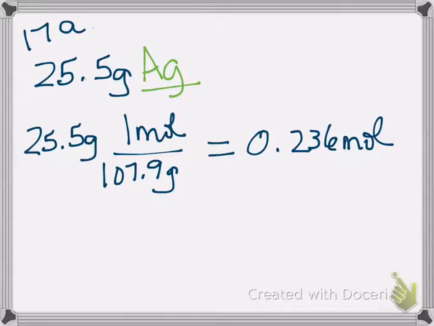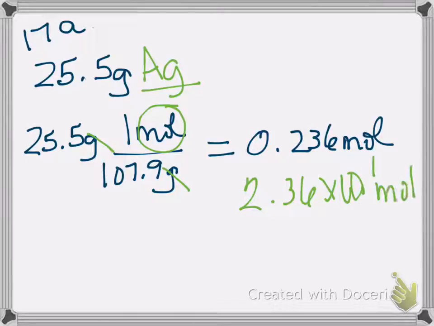We can cross out grams. We're left with moles. We divide here, so 25.5 divided by 107.9, and you're left with 0.236 moles. You could also, if you wanted to, change this and make it 2.36 times 10 to the negative 1 mole, but because there's not scientific notation here, this answer would be just fine as well.